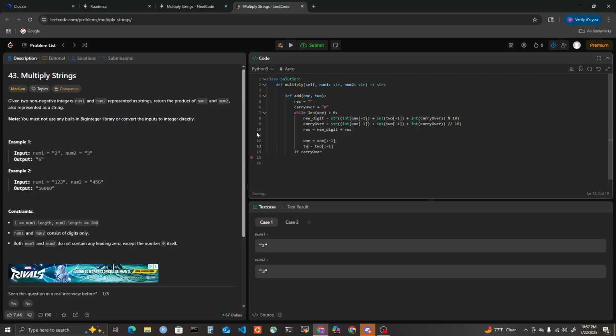Maybe the quote-unquote hard part of this problem is the tediousness, or maybe I'm wrong. And then return res.